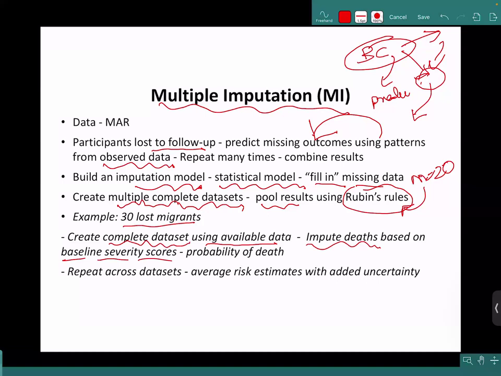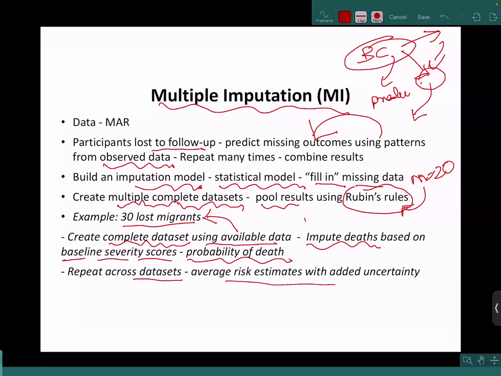Yes, ma'am. So you are going to get 20 different probabilities of death for these 30 migrants, and then I calculate a pooled result, an average and the variance, and I complete my data set using that average. So I repeat the process across at least 20 cycles.